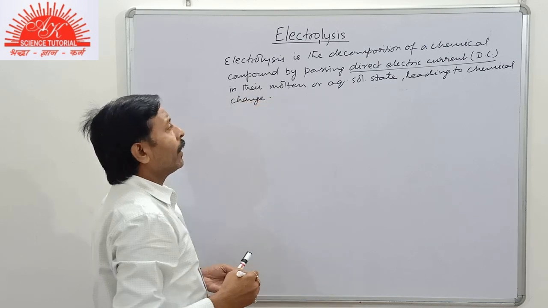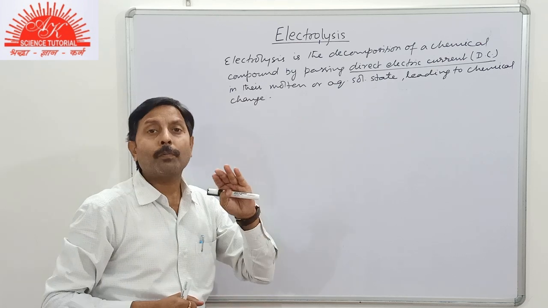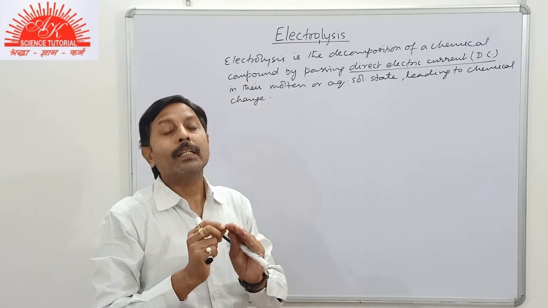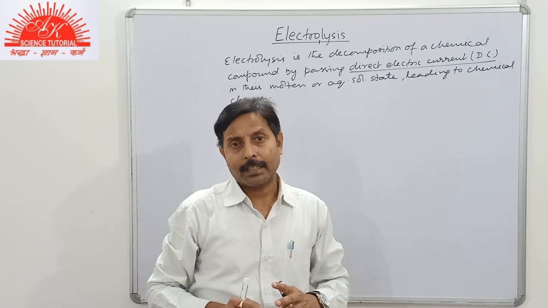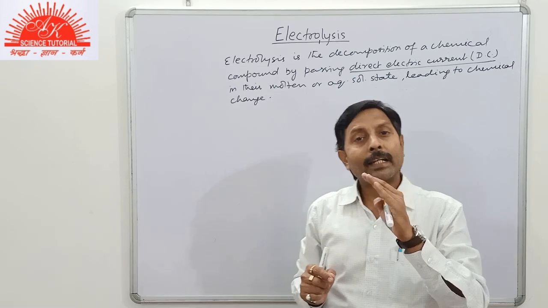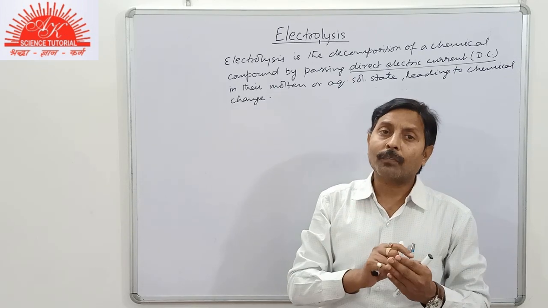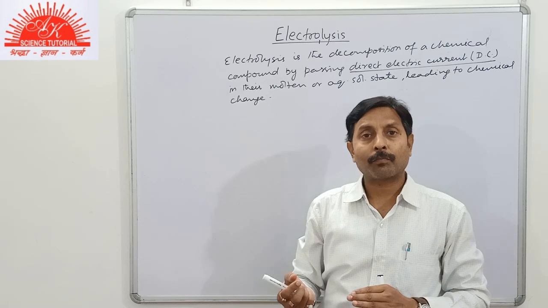That is, when electric current is passed through the molten or aqueous solution of a chemical compound, then it is decomposed. This is called electrolysis. Actually, this takes place in ionic compounds which consist of ions, or polar covalent compounds which produce ions.